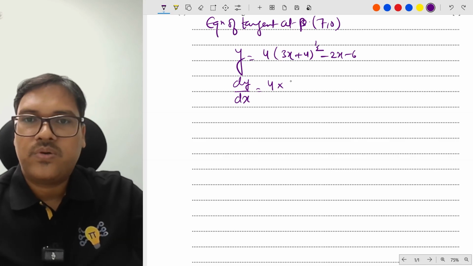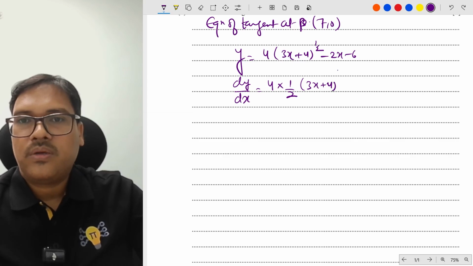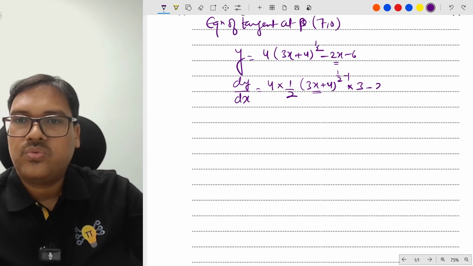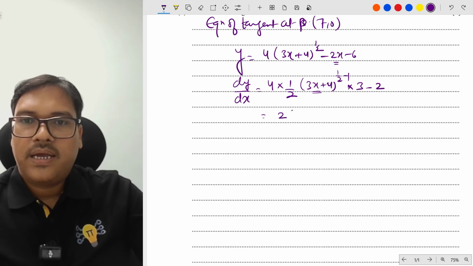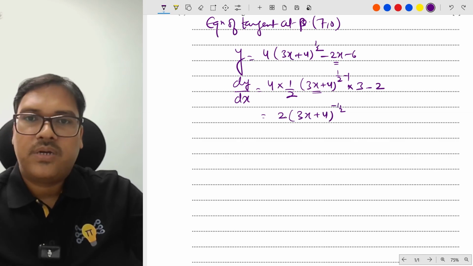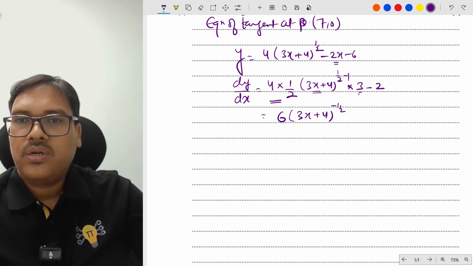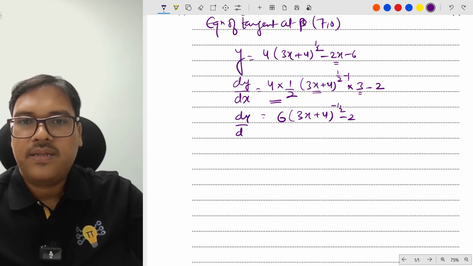First we'll take the square root differentiation: 1 by 2, (3x + 4) raised to 1 by 2 minus 1, into differentiation of 3x + 4, which is 3, right? Minus differentiation of 2x is 2 and differentiation of 6 is 0. So basically this is 2 and (3x + 4) raised to minus 1 by 2. Basically this will become 6 over root of (3x + 4), this is 2 into 3, and minus 2. So this is the differentiation dy by dx.